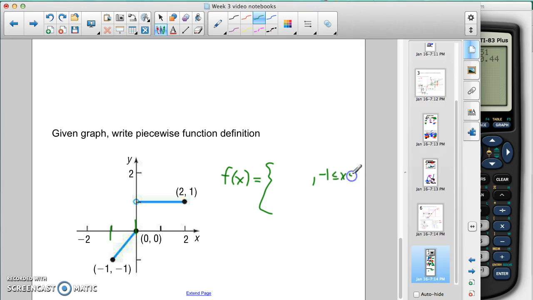I'd write that this way: -1 is less than or equal to x, less than or equal to 0. And this one here starts at 0, but it's not including it. And it goes to positive 2, and it includes positive 2. So that's going to be my domain.